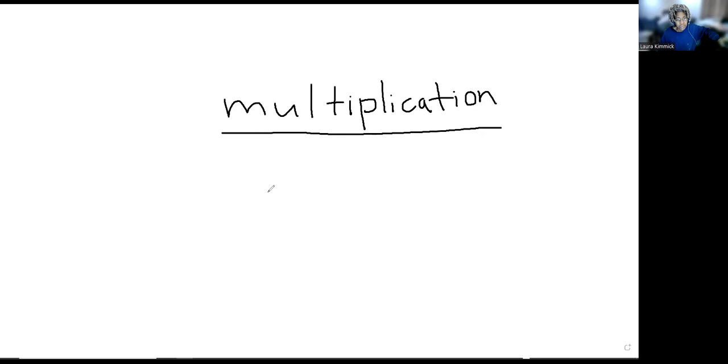Okay, so 123. Do it vertically. That's easier, at least for me, when it's vertical, so I don't mess up like I do when it's horizontal. So 3 times 7 is 21, carry 2. 2 times 7, 14, plus 2 is 16.